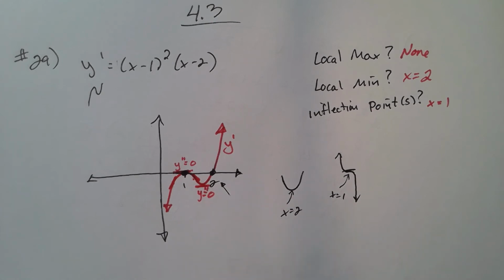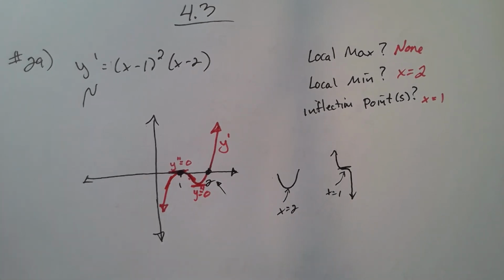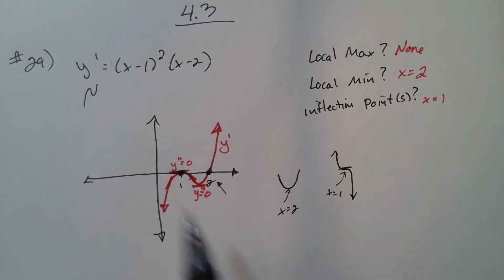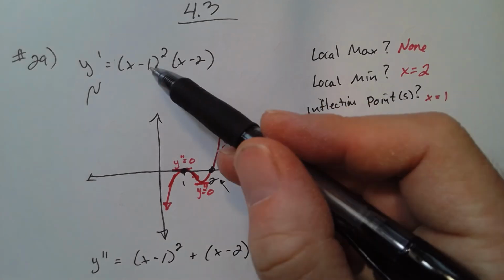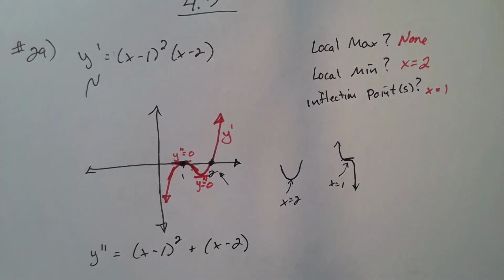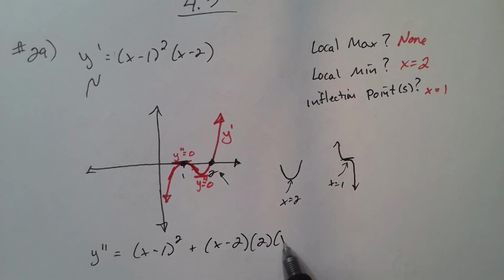So we can't really find that with the graph, so you have to find the second derivative. I'm going to use the product rule. So (x - 1) squared times the derivative of (x - 2), which is 1, plus (x - 2) times the derivative of (x - 1) squared, which is 2(x - 1).